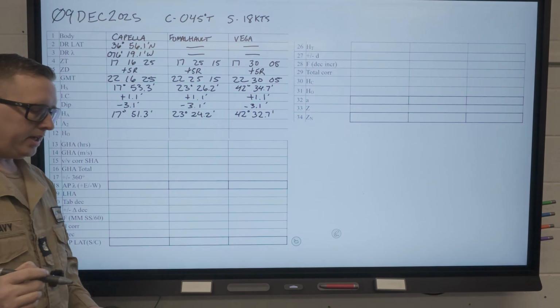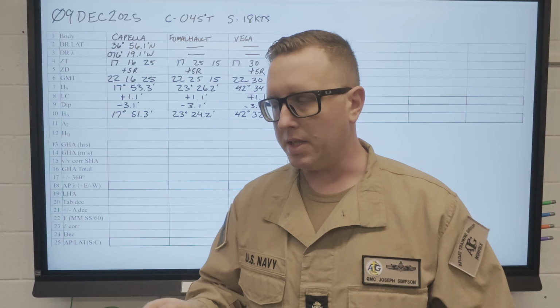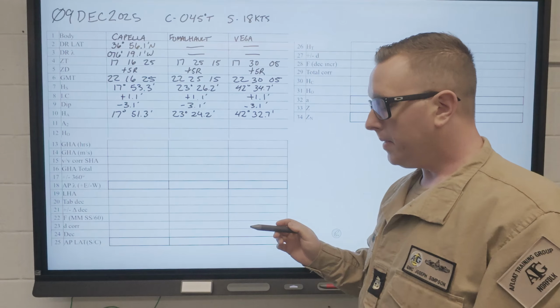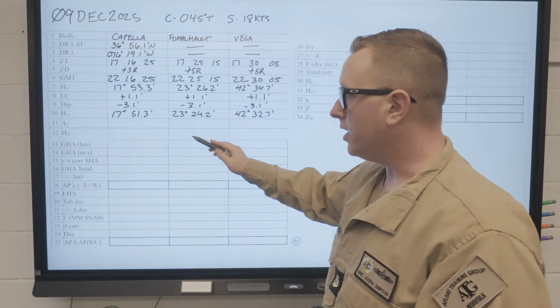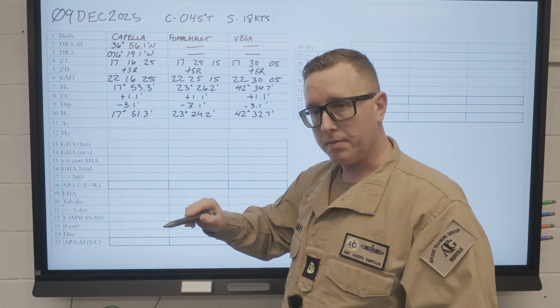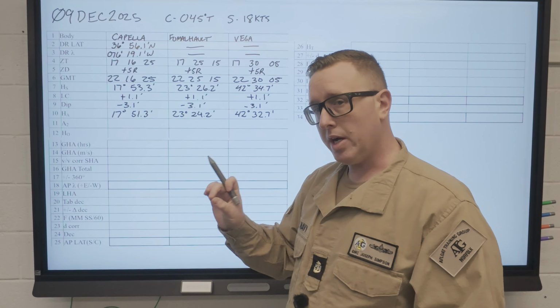All right. On that same page that you have the dip table, to the left of it, you'll see a stars and planets altitude correction table. You're going to take your HA and find whatever numbers it falls between on that table, and then right to the right of that, you have a correction.